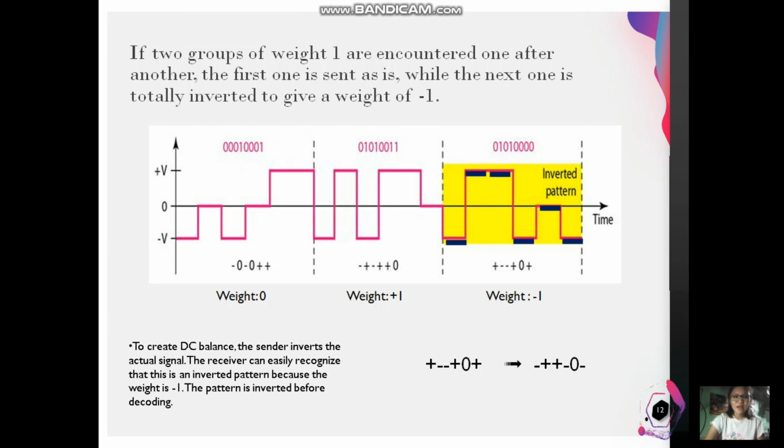To create DC balance, the sender inverts the actual signal. The receiver can easily recognize that this is an inverted pattern because the weight is, take note, -1. The pattern is inverted before decoding.